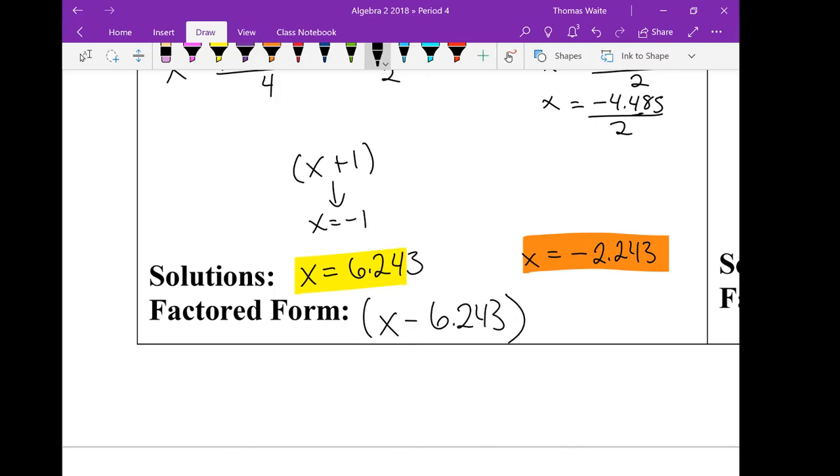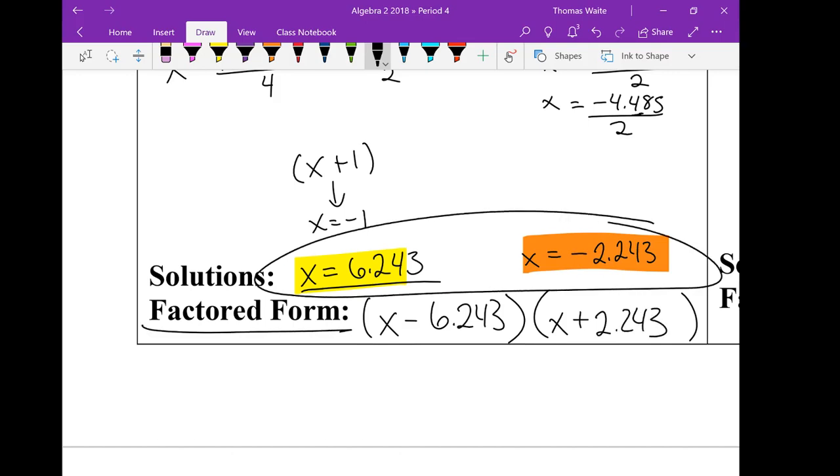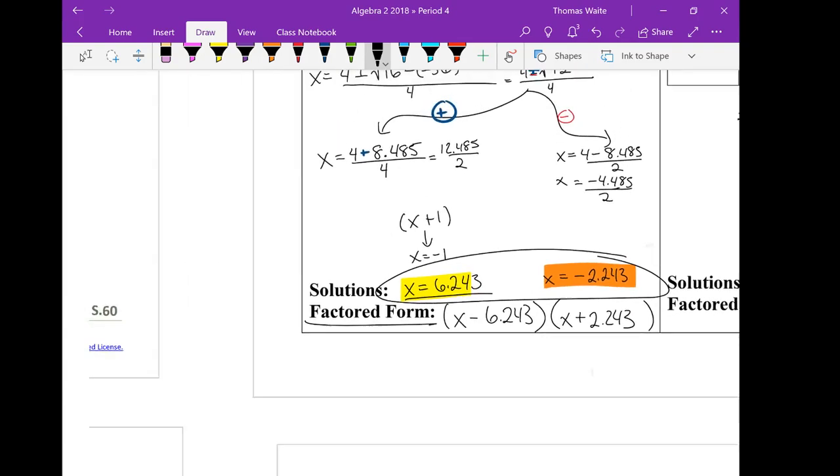That factor, if we work backwards, would give us the x equals a positive 6.243. And then in the other version, we'd have x plus 2.243. Don't worry too much about this last one. We really care that you can get these solutions in this lesson.